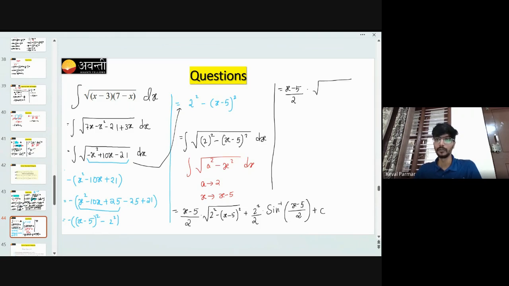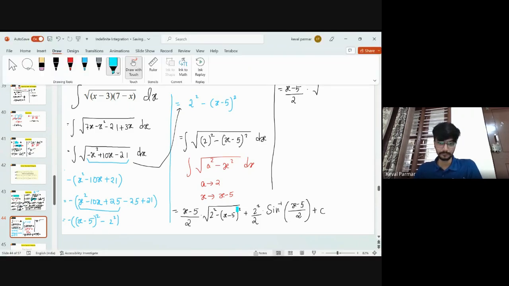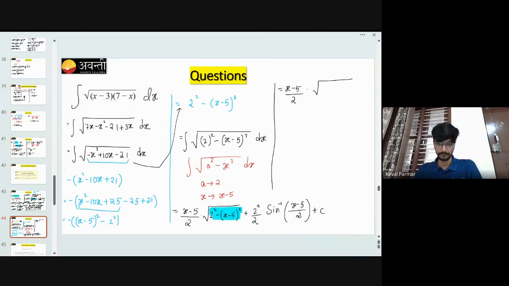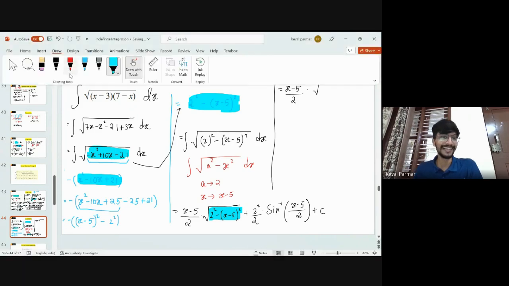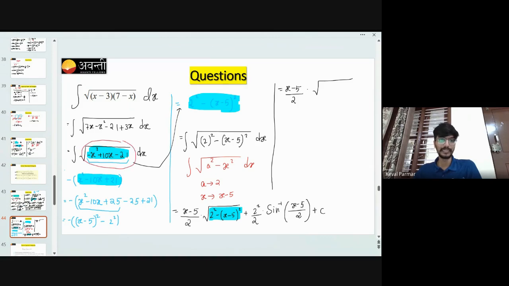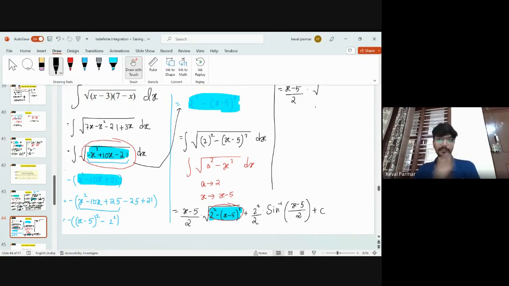Now please note this one came from here, and this came from here, and this came from here. So that means I can say that this quantity and this quantity both are same, or you can simply open the bracket and try.